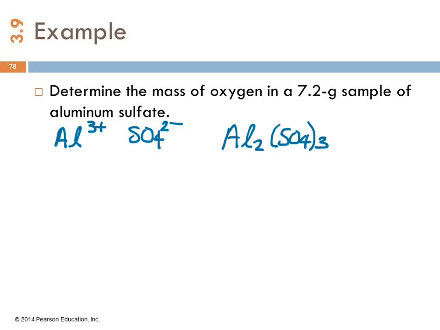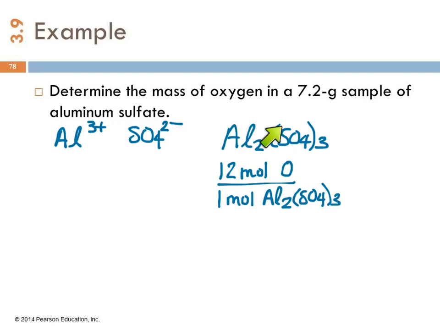So what is the relationship between moles of this compound and moles of oxygen? 12 moles of oxygen per 1 mole of the compound. And that's just from the formula itself.